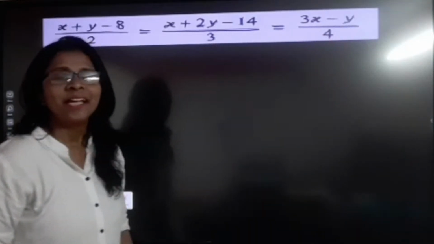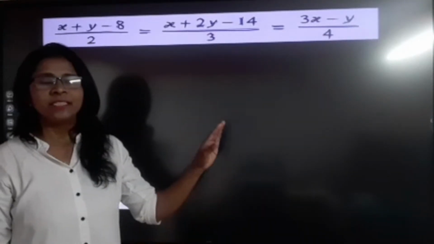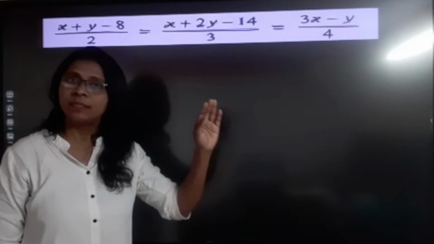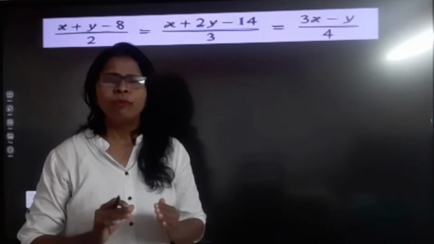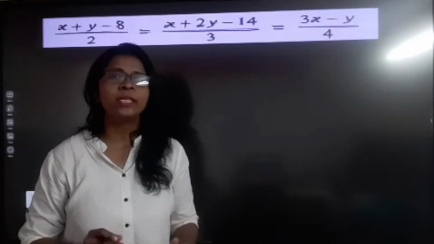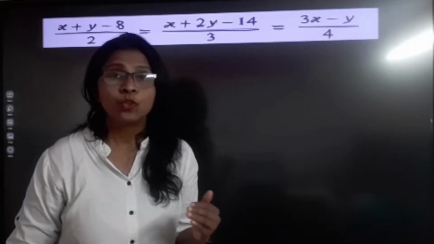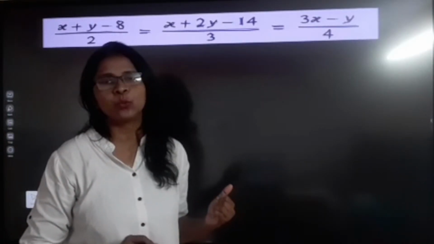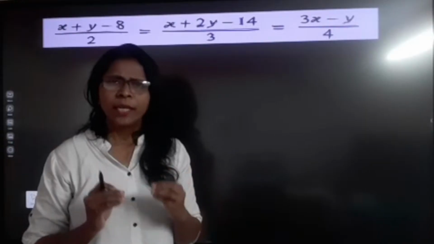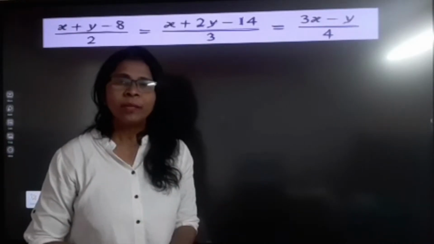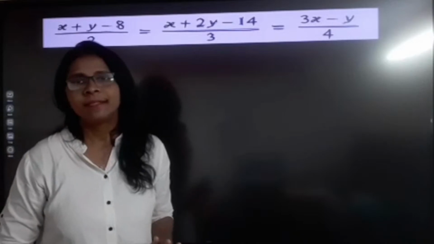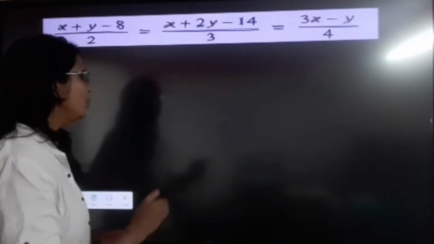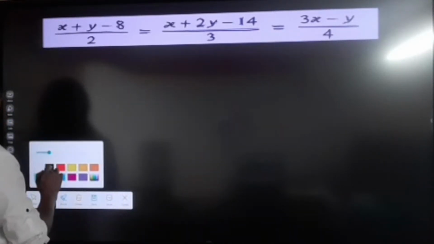Okay students, it is a very easy question, but it is a type of hot question, because we have to know the proper method of solving these examples. If you know the proper method, then you can easily solve this example. So what is the proper method here?